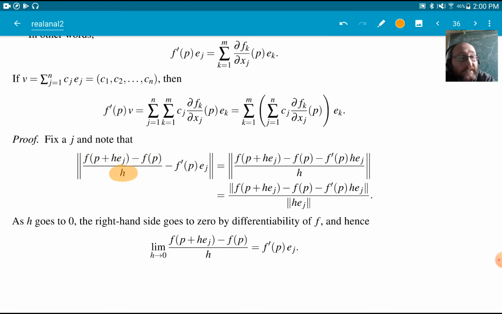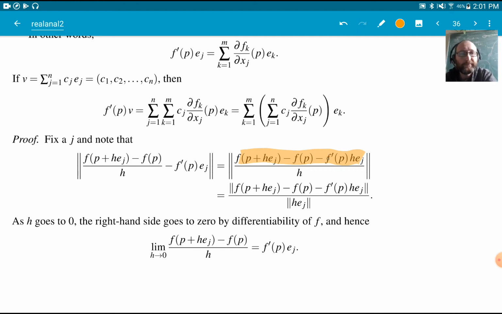Now h here, we're doing partial derivatives. That's just a number, so I can definitely write that down. That's really just multiplying this vector by 1 over h. So I put it over a common denominator. I get this thing here. Now that sort of looks like the thing that I'm getting with differentiability.